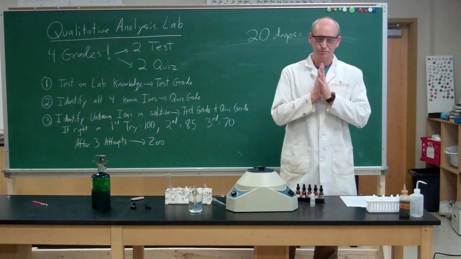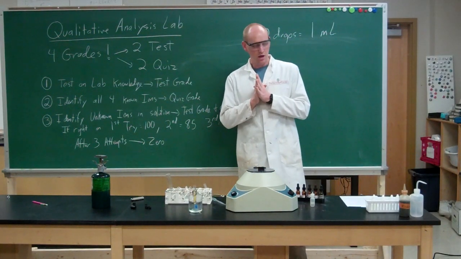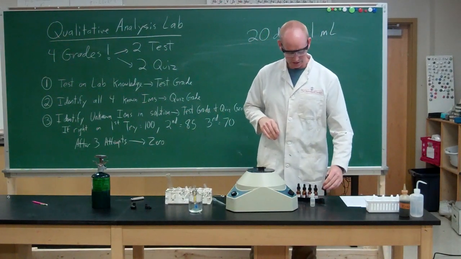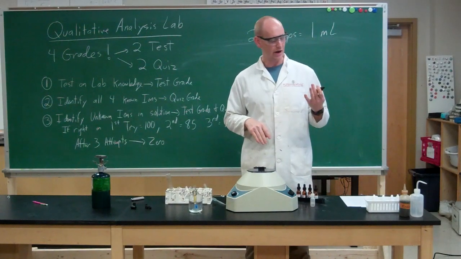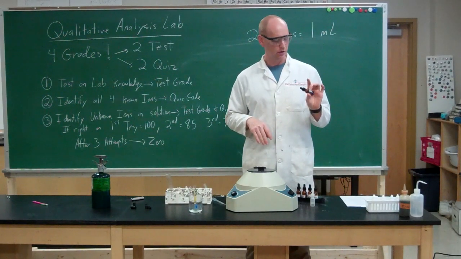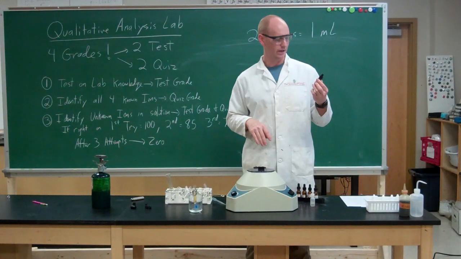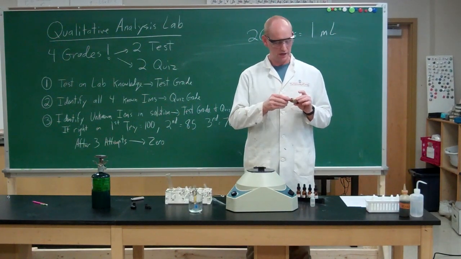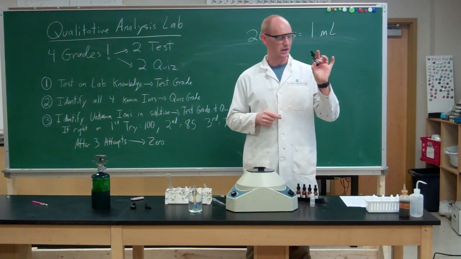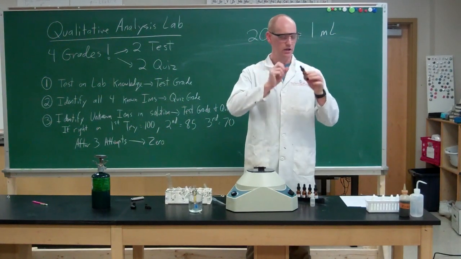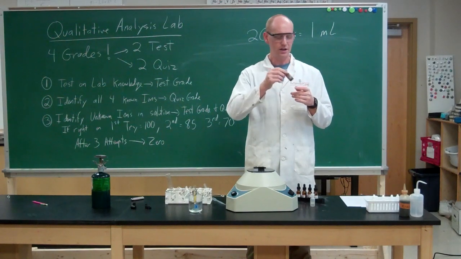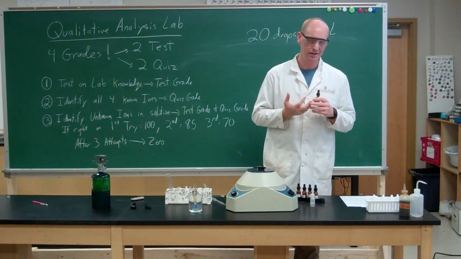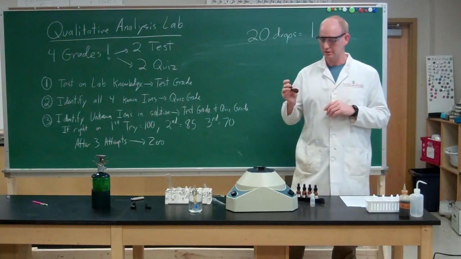Now, our aluminum is special. We have 2 tests for the aluminum. The first test for aluminum is a chemical called pyrocatechol violet. Sometimes you may just hear me say catechol violet. It's got a few different names. I believe it's a chelator. It'll chelate the aluminum. But pyrocatechol violet is a pH indicator and metal ion indicator.